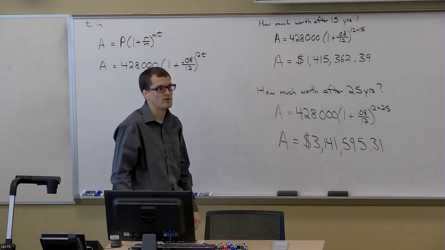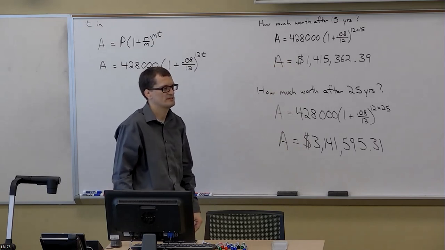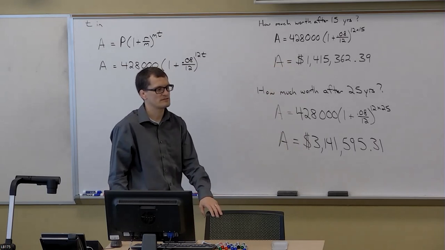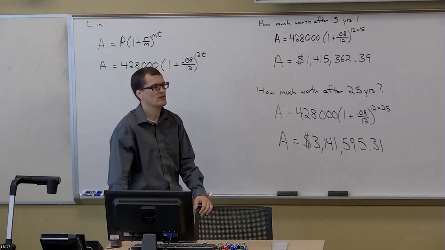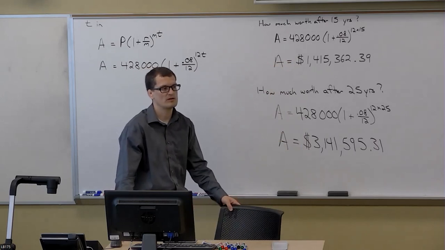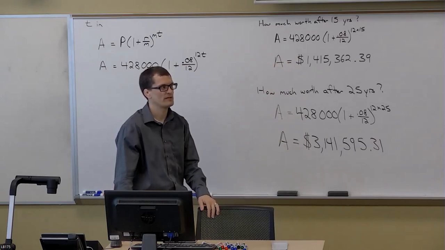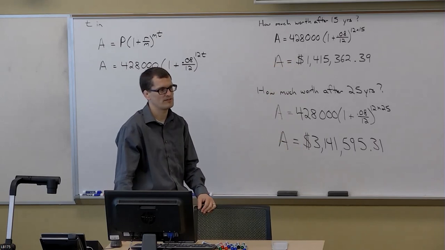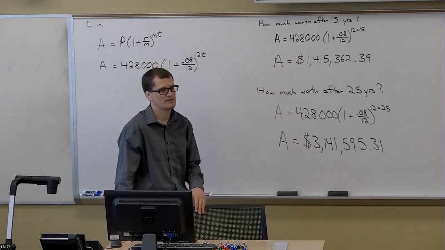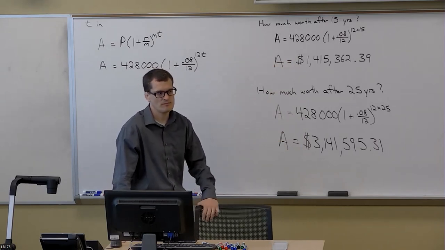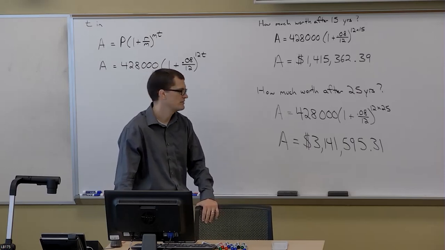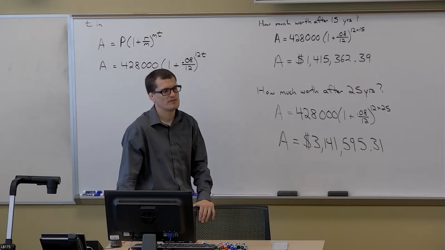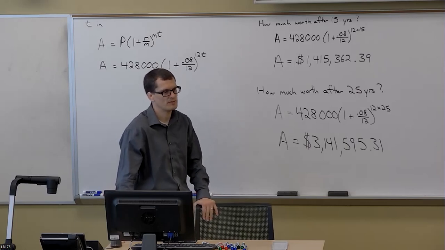And if you remember what we talked about back in the investing chapter, we said the earlier you put in money to save for your retirement, and the longer you have to earn interest, the better off you're going to be at the end.